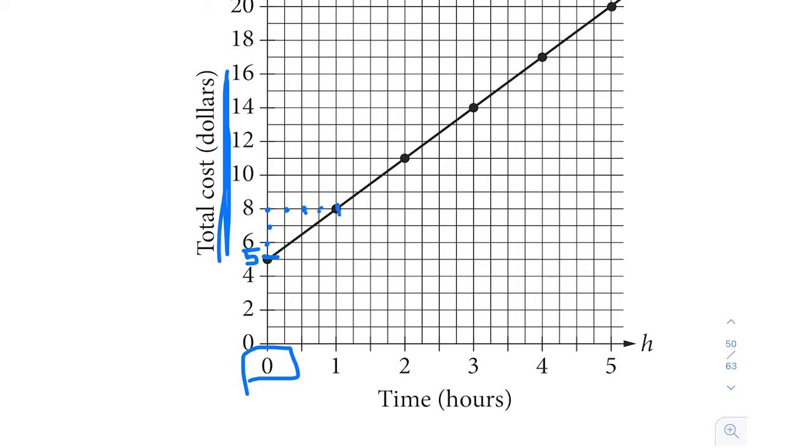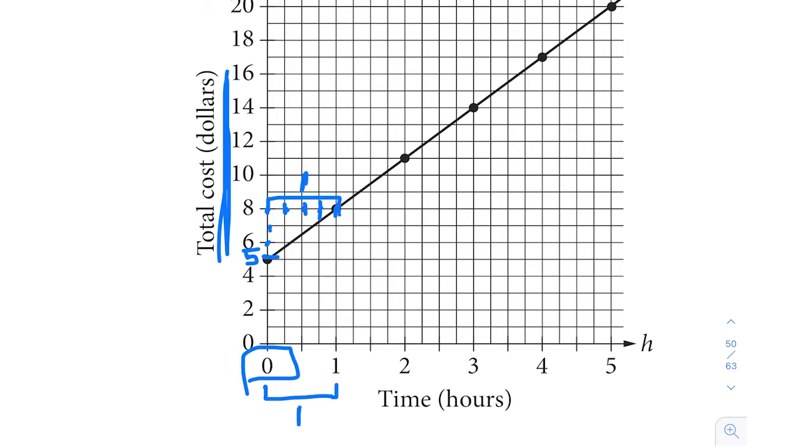But be very careful, because the scale matters. If you look along the bottom, even though it looks like you're counting over 4 tick marks on this graph, this entire space is 1 unit. It's only representative of 1 hour. So you're really doing a rise of 3 in terms of the total cost, and a run, or horizontal move, of 1 unit.